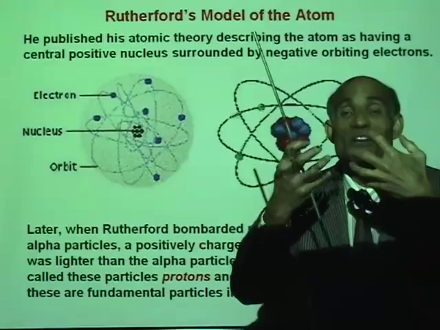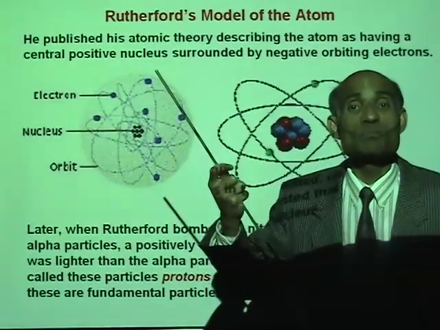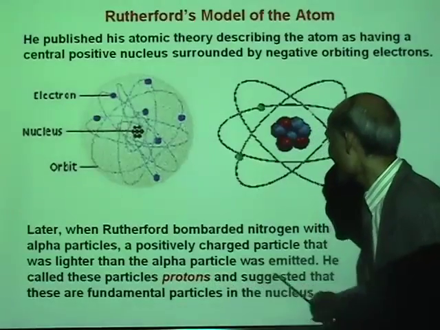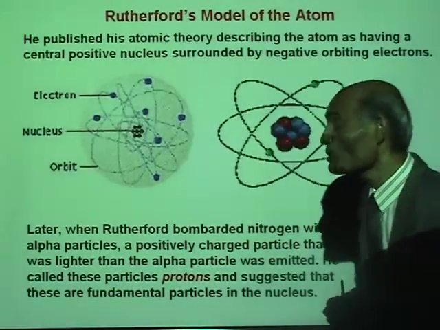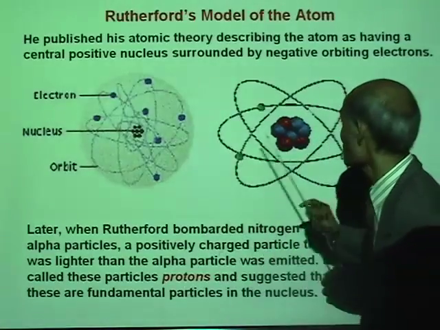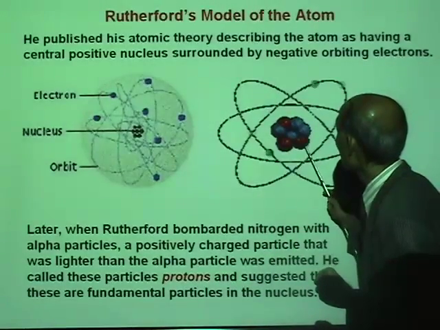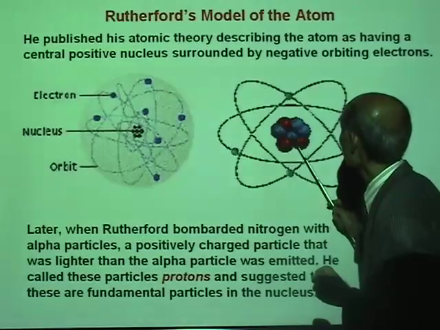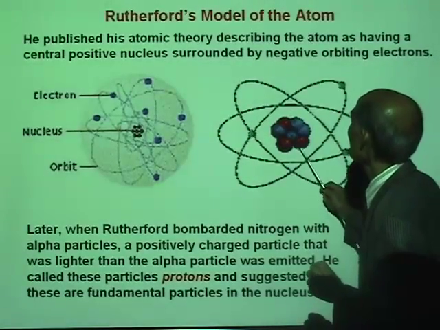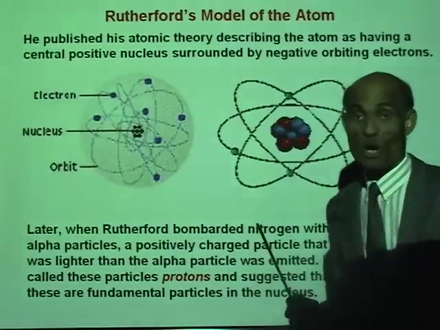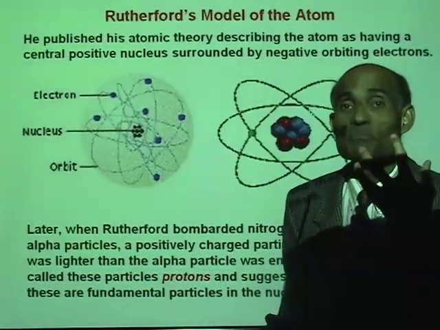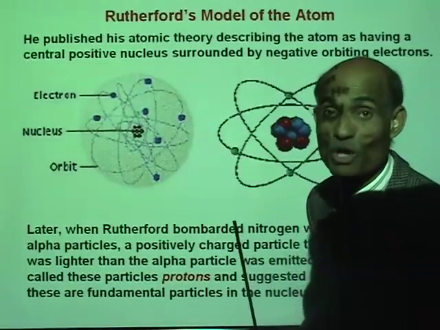He observed that you can break the nucleus into pieces, and he said the nucleus is actually made up of protons, which are positively charged particles. Now, here you have protons. I have shown them using red color. They are protons. So, according to Rutherford's model, the nucleus of the atom is made up of protons.